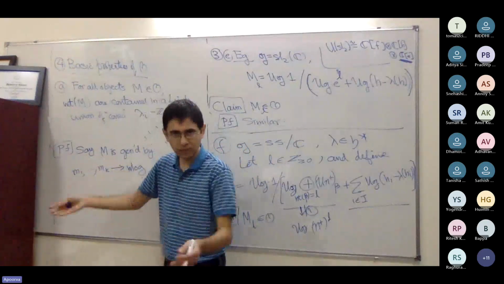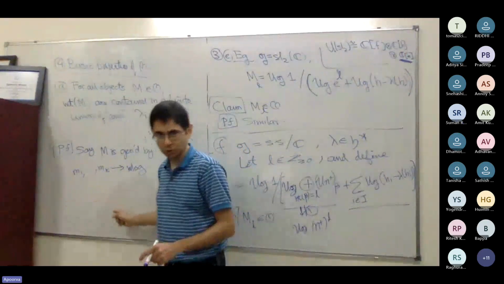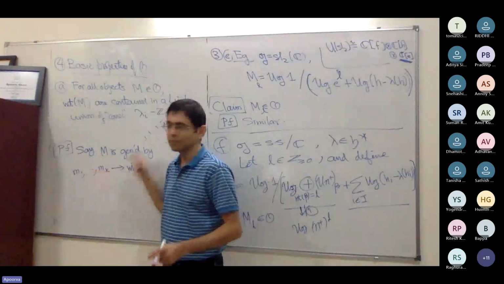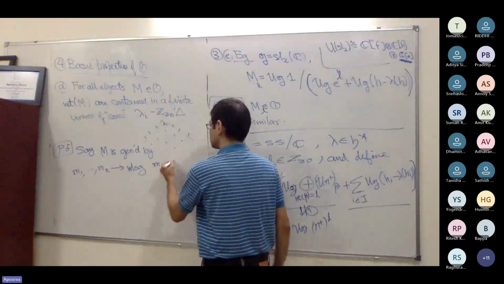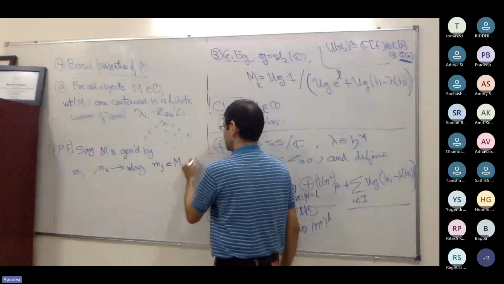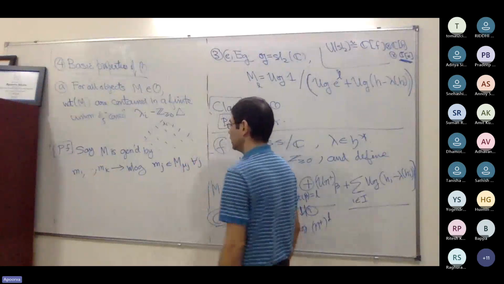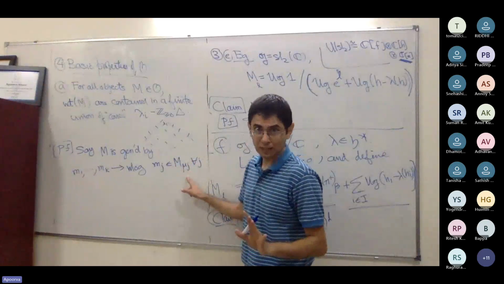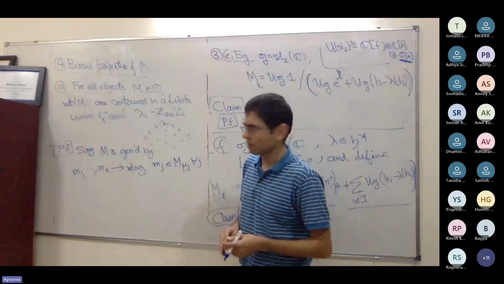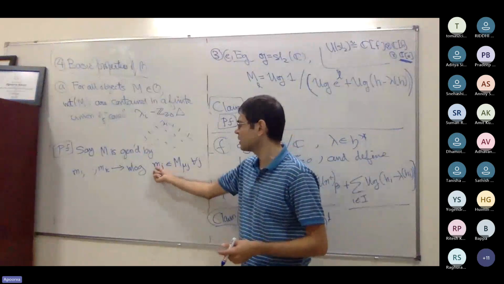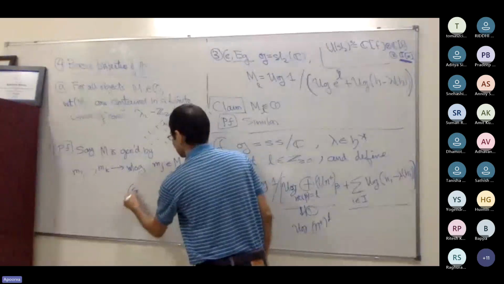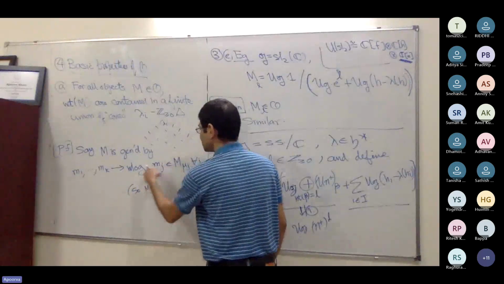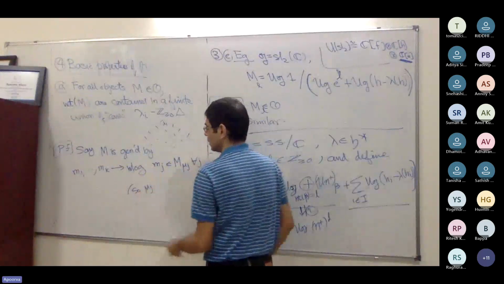So M is generated by all of those vectors. Without loss of generality, m_j belongs to M_{mu_j} for all j. I'm not saying that the mu_j are distinct; they can be equal, but then I would just combine all the m_j in the same weight space together.